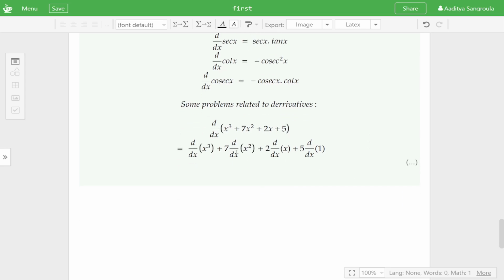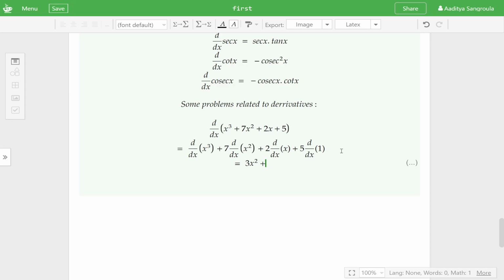So we have taken the constants out of the derivative, and we are just differentiating the variables. Now use the power rule. So x raised to the power n, when differentiated, we get n, which is 3, times x raised to the power n minus 1. So that's x raised to the power 3 minus 1, that's 2.